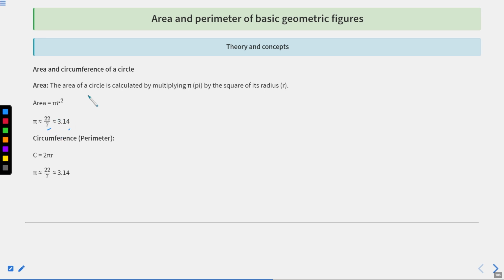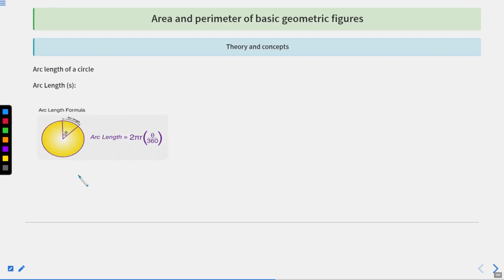The exact value of pi is not known till date, and it will never be known because it's an irrational number. We have already seen this in previous lectures on number systems, where we discussed why pi is an irrational number. And circumference, or I can say perimeter, is 2 pi r. Again, pi is approximately written as 22 by 7 or 3.14.